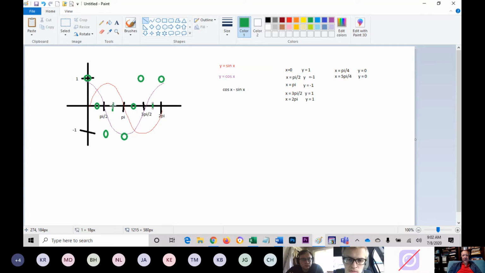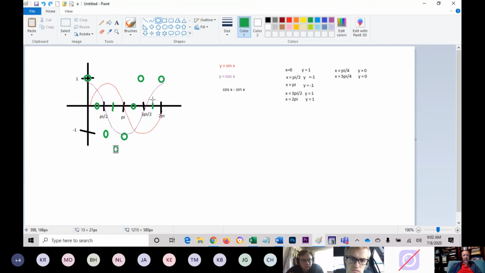One way to think about it graphically is, the cosine is going to be positive, and we're going to subtract a negative. So this is going to end up somewhere around here, right? It's going to be higher.